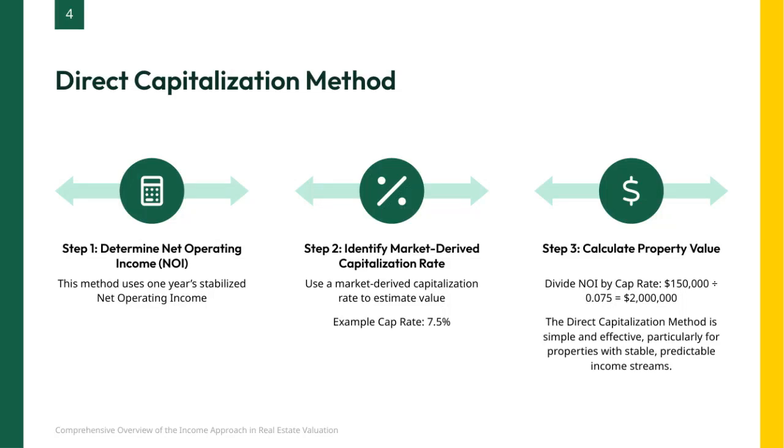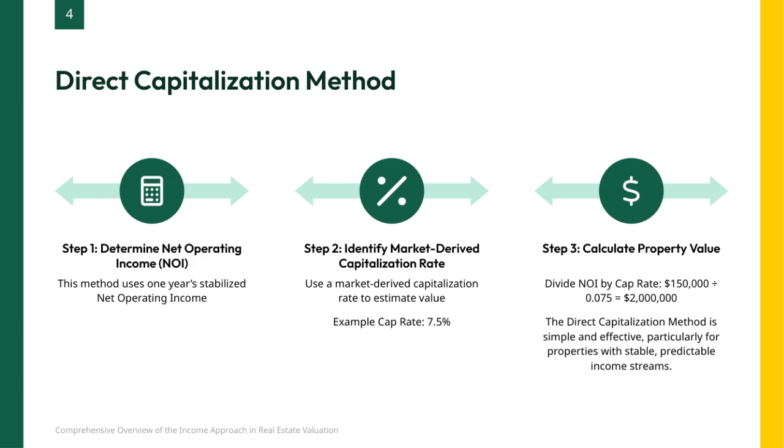Let's walk through the direct capitalization method. First, we start by determining the net operating income, or NOI. This method uses 1 year stabilized NOI, which means the income is expected to be consistent and reliable over time. Next, we identify the capitalization rate, or cap rate, which is derived from the market. This rate reflects the expected rate of return for similar properties and helps us estimate the property's value.